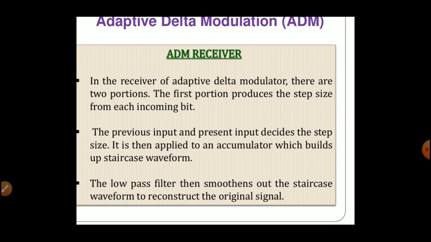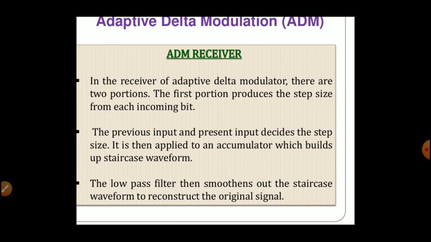ADM receiver. In the receiver of the adaptive delta modulator, there are two options. The first reduces the step size from each incoming bit. Second, the previous input and present input decide the step size. It is then applied to an accumulator which builds up the staircase waveform.